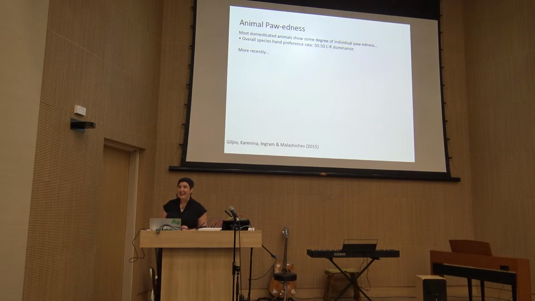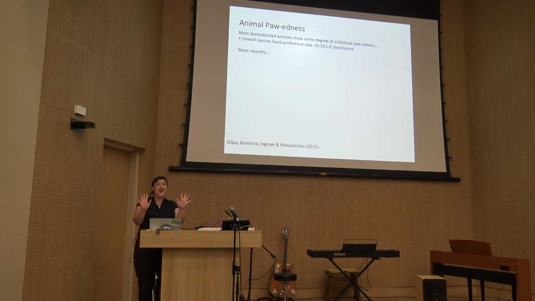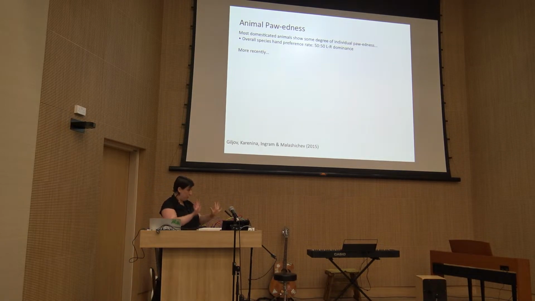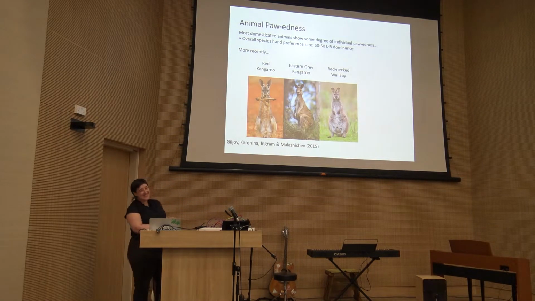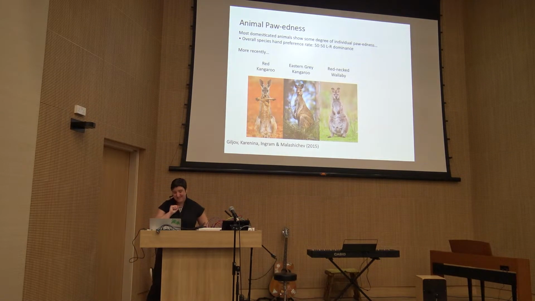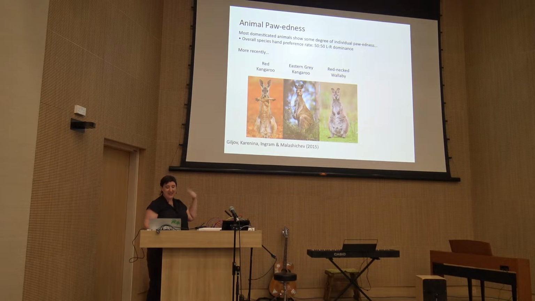However, any animal that does not use its paws for locomotion has an opportunity to develop their skill set in their non-locomotion paws. So the example that we have is from the marsupial clade. We have red kangaroos, eastern grey kangaroos, and red-necked wallabies, all of whom tend to be left-handed.